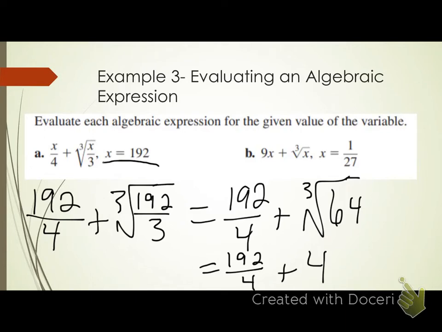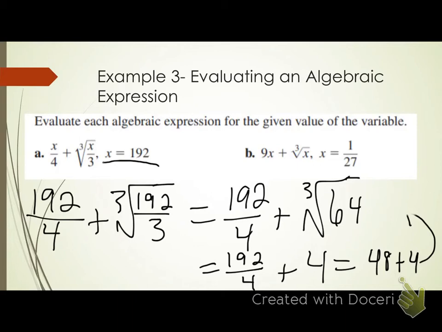So now I need to do my division next. 192 divided by 4 gives me 48 plus 4. 48 plus 4 gives me 52. So the numerical value of my expression when x equals 192 is 52.